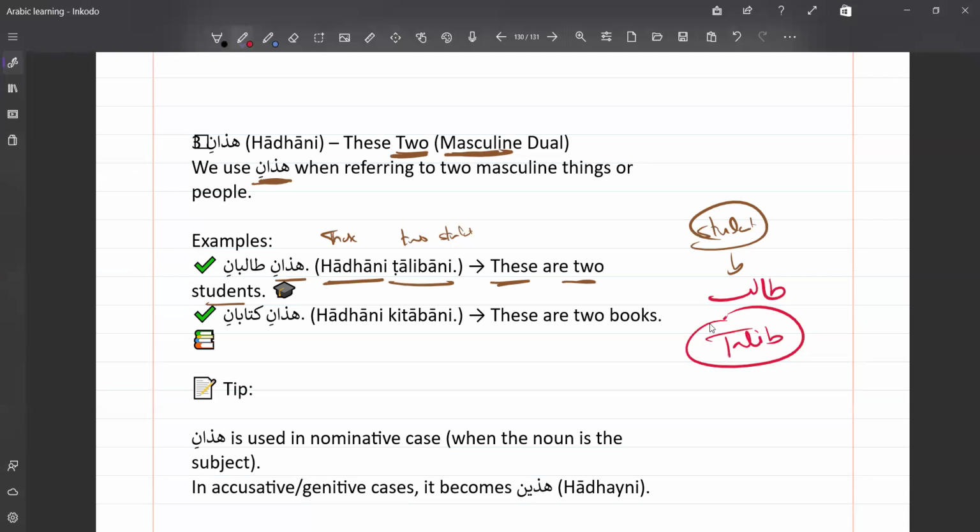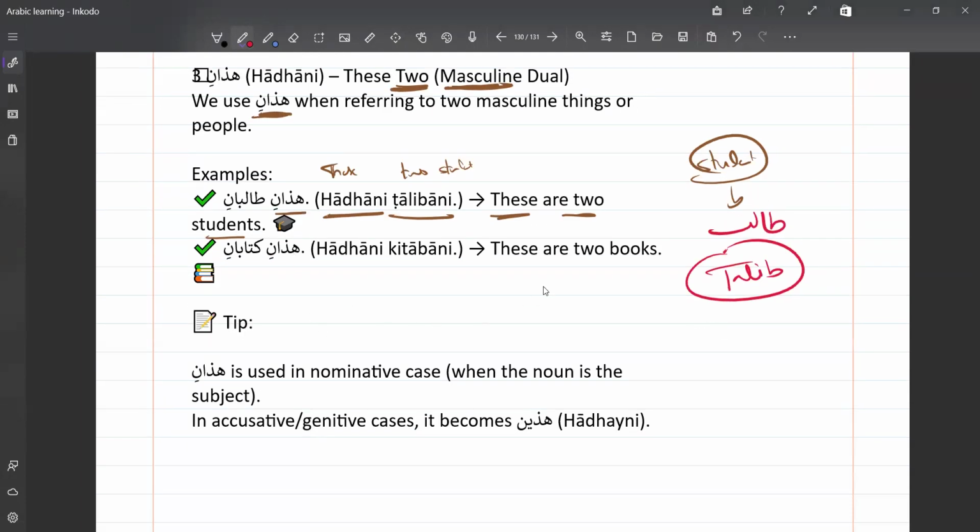Whenever you talk about two masculine things, you will use the word hadhani. When we say these are two books, we will use hadhani because book in Arabic is masculine. One book is called kitab and two books are called kitabani. So to refer to two books, we will say hadhani kitabani, these are two books.